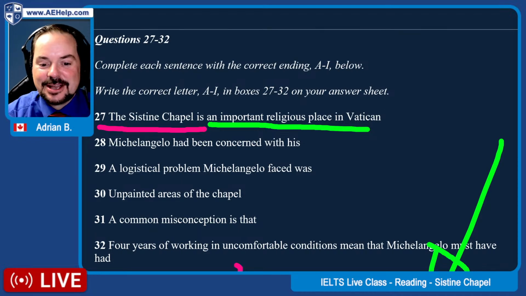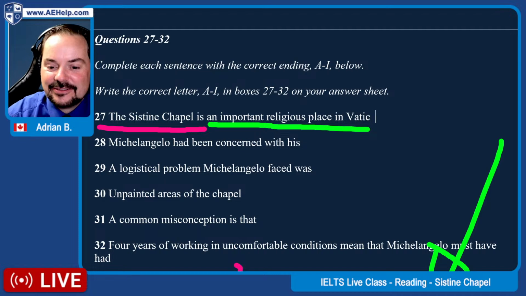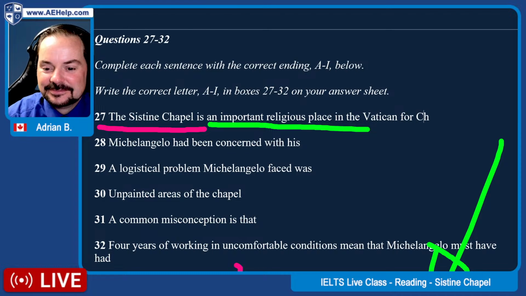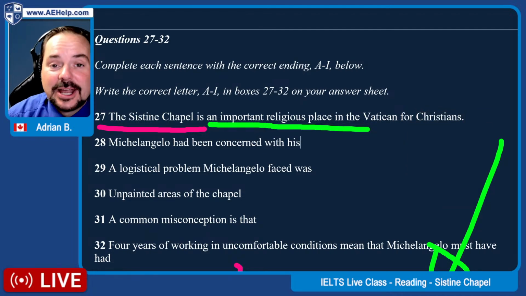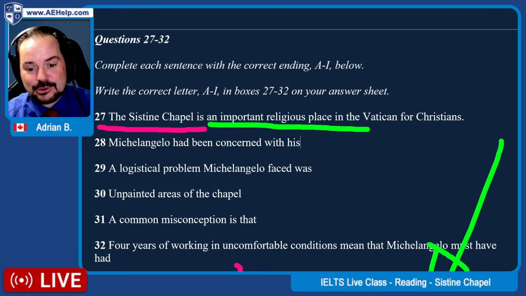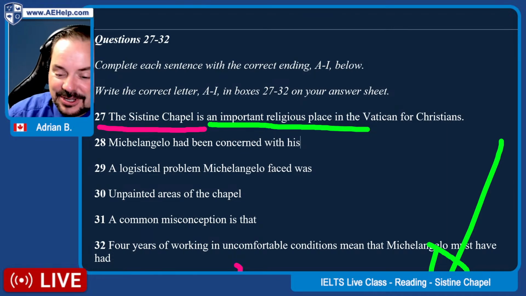So the Sistine Chapel is an important religious place in the Vatican for Christians, right? Do you agree? Simple thoughts, everybody. Stop focusing on the painting. That's what I would say. Maybe it's right, maybe it's not, but that would be my natural way to answer this question based on the introduction. It's an important religious place in the Vatican for Christians.